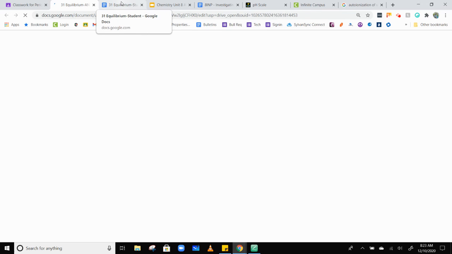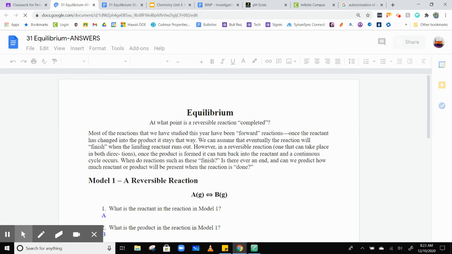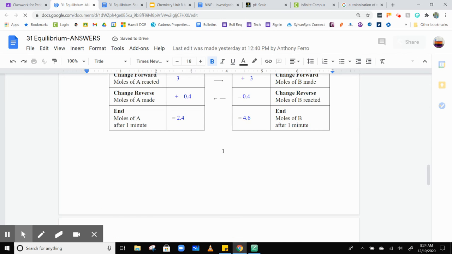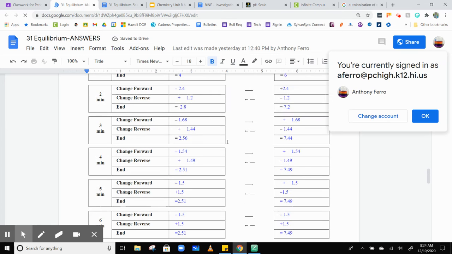What you should see is that A goes to B, B goes to A, and over time, the amount of A going to B and the amount of B going to A gets smaller and smaller until they are equal to one another. So the rate of the forward reaction equals the rate of the reverse reaction. You should see that in the work here.